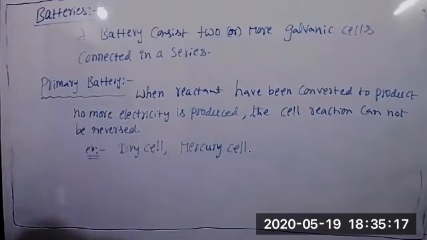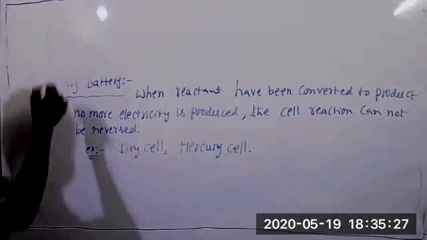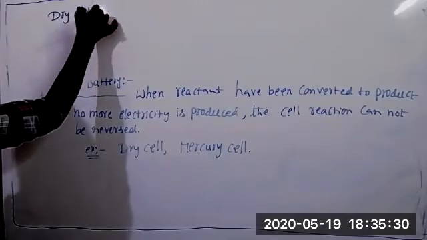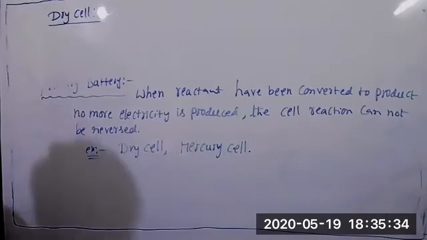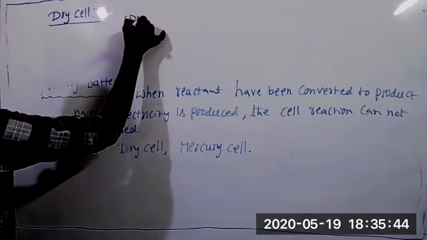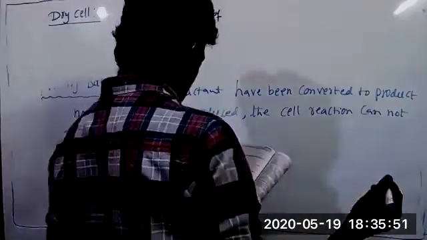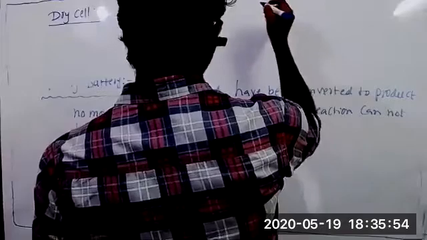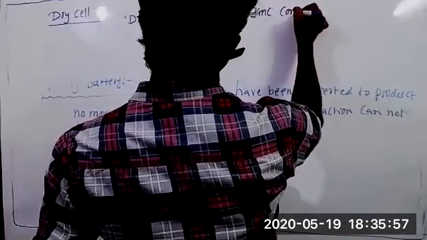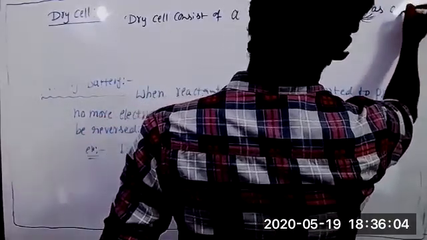Okay, put the subheading dry cell. Dry cell consists of a zinc container which acts as anode.